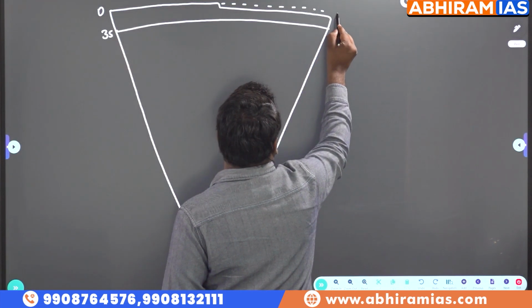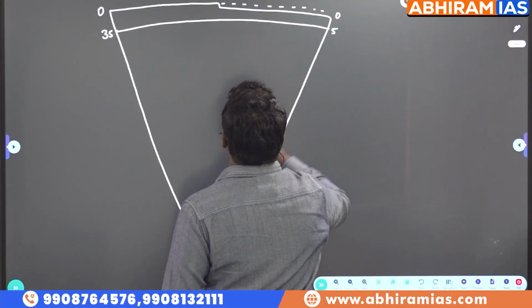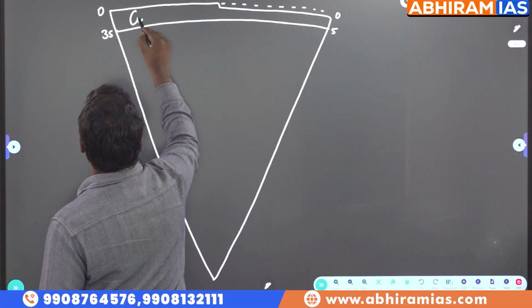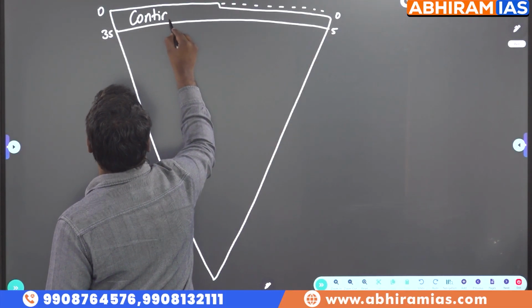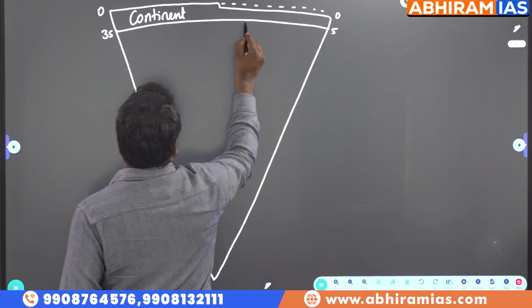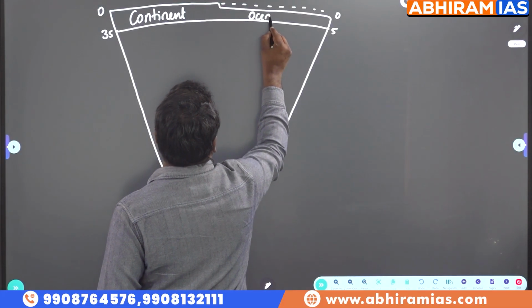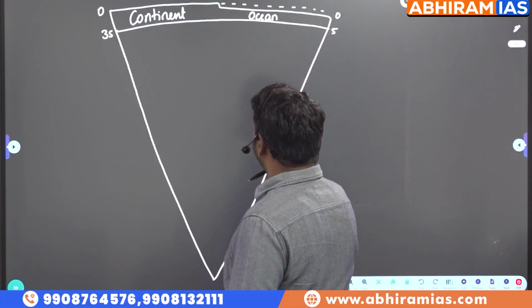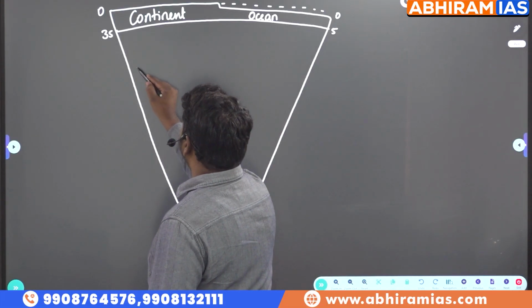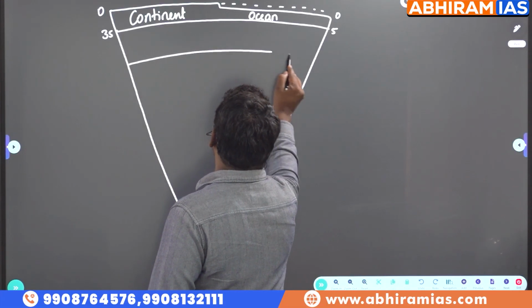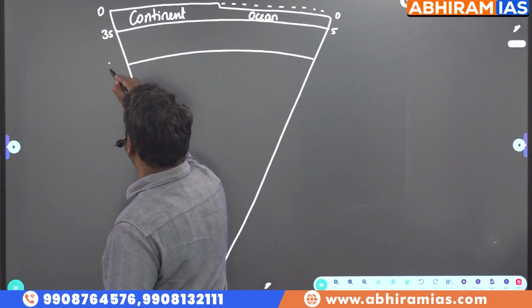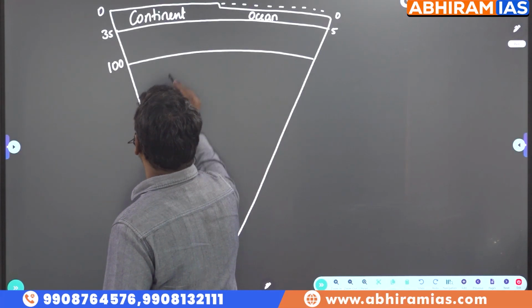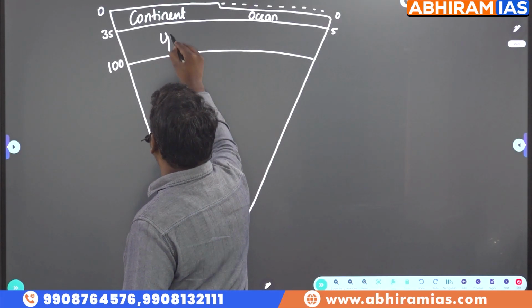Now, 0 to 35, 0 to 5, continent, ocean. Hundred. What will you have?